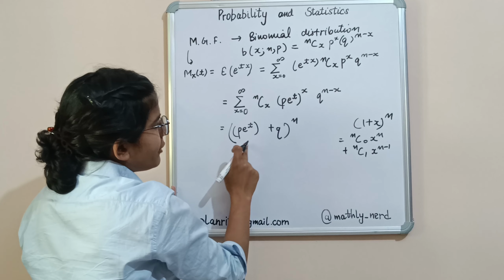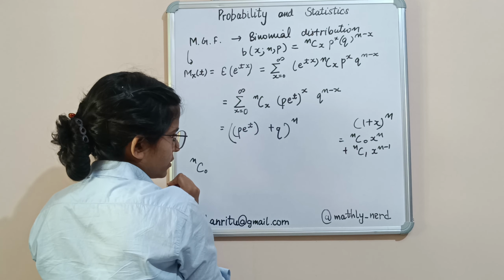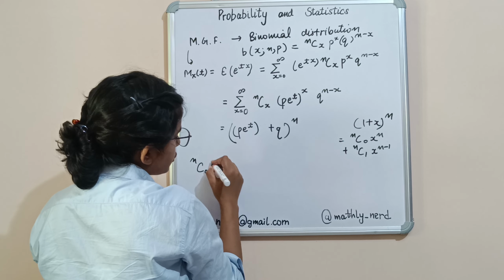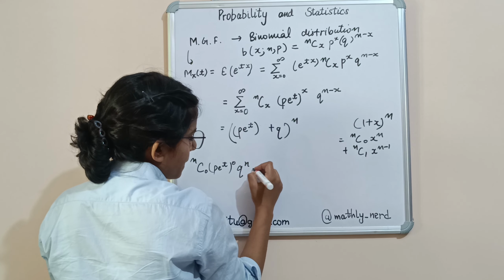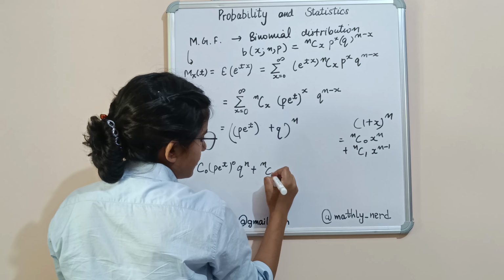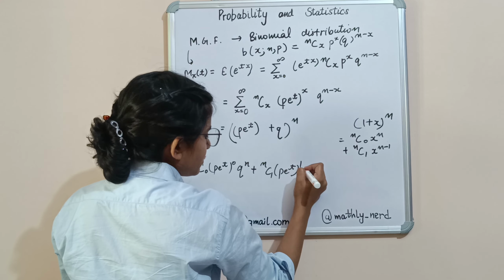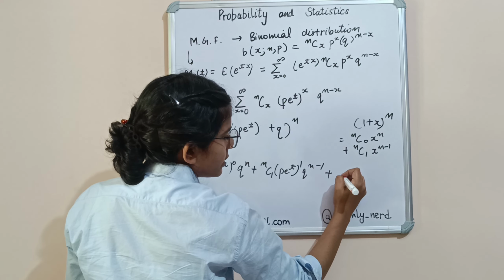If we expand this, our first term will be nC0 (p e^t) raised to power 0 and q raised to power n, plus nC1 (p e^t) raised to power 1 q raised to power n minus 1.